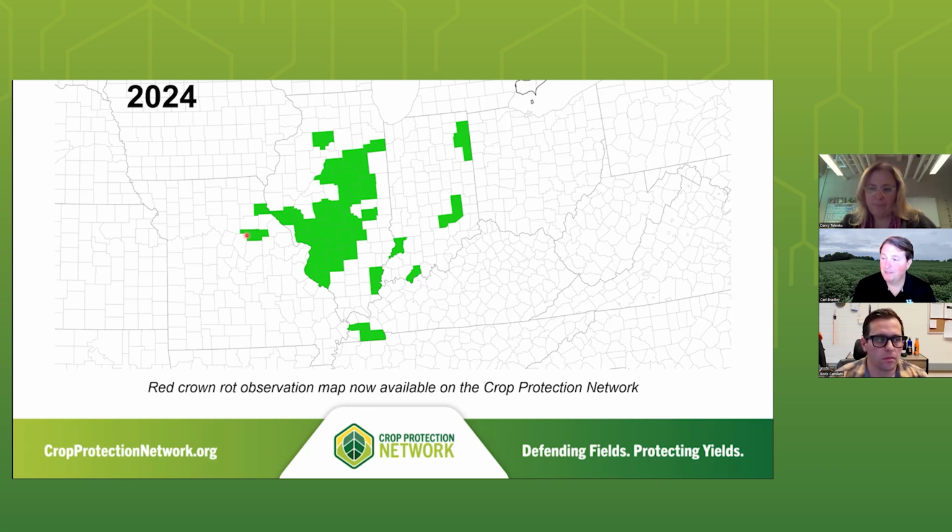And one thing I can mention here, Darcy, is that when you go to the Crop Protection Network and pull up this map, you're going to see a map of the entire U.S., and you'll see some places down in Louisiana and over on the East Coast. Some of those are more historical. We hope to update this map as time goes by and maybe put some years on those observations, so we could get a time lapse and see when some of these areas first became affected.